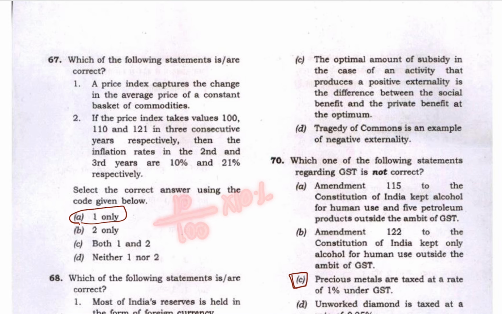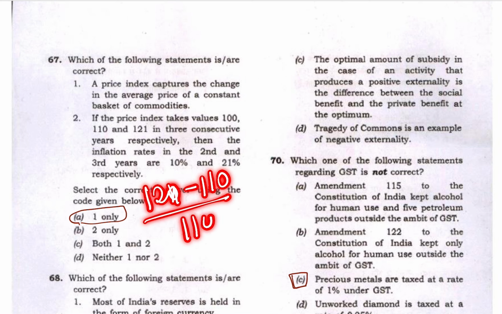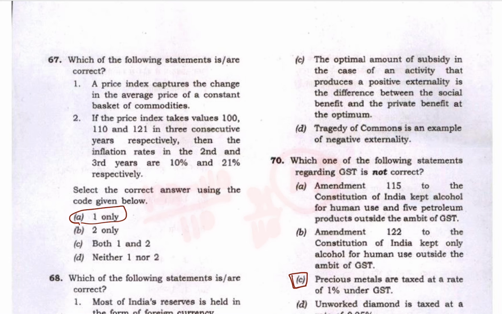Now for the next year, 121 minus 110 over the base of 110. How much does it become? 11 divided by 110, which is also 10%, right? So 21% is not correct. So only the first statement is correct.